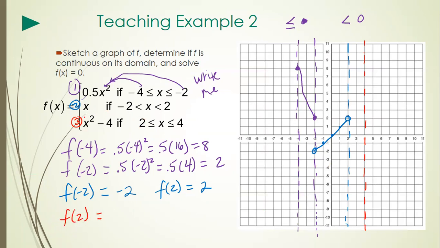So we're substituting in 2. That gives us 2 squared minus 4. What is that? 0. 4 minus 4 equals 0. So at 2, we're going to put 0. And is it open or closed? Closed. So I'm going to go to 2, go to 0, and I'm going to put a closed circle.